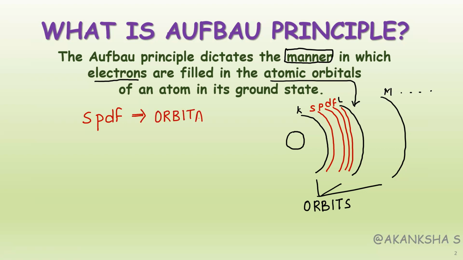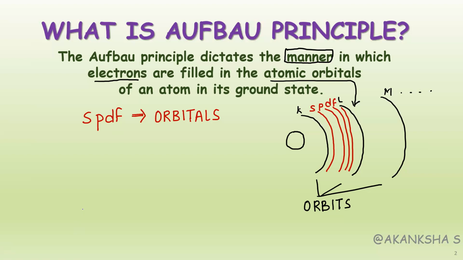Scientists discovered that electrons are actually arranged in a systematic pattern in these orbitals. How these orbitals work, what the arrangement criteria were, and how each orbital got its electronic configuration, we will discuss in the chapter on structure of atom. Right now, I want you to focus on a very important parameter.